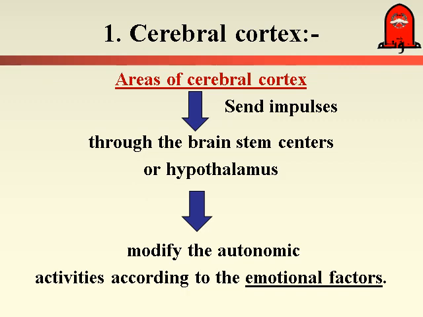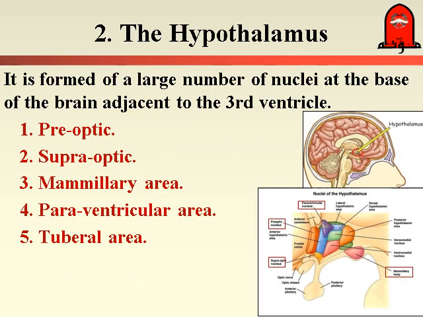So the first higher center is present in the cerebral cortex, but we should know that there is no specific area in the cerebral cortex that is related to the stimulation or regulation of the autonomic nervous system. The other higher center is the hypothalamus, and this is regarded as the main hypothalamic center that regulates the autonomic nervous system.